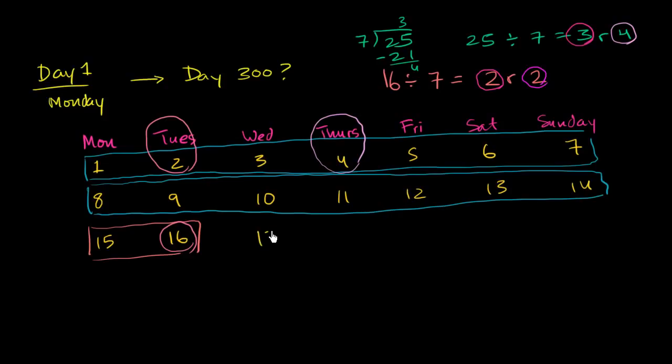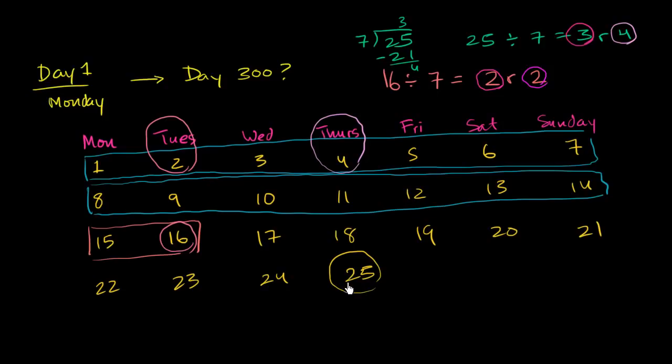So let's go to 17, 18, 19, 20, 21, 22, 23, 24, and 25. It is indeed a Thursday, but it makes complete sense. You have 3 rows before the row that gets to 25, and then in that row, it's going to be the 4th entry because you have a remainder of 4. 1, 2, 3, 4. It's going to be a Thursday.